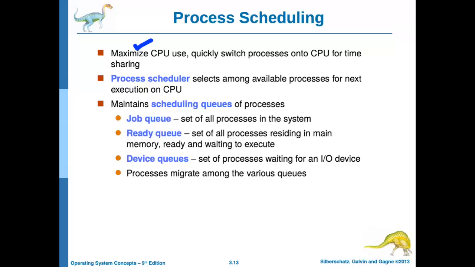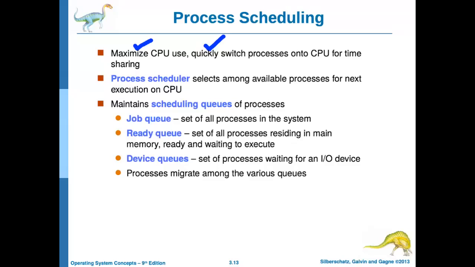And secondly, it should quickly switch a process onto the CPU for time sharing. Quickly. Now, maybe you will not understand this yet. Why quickly? Because there is something called a swap device. Let me tell you about that. What is the swap device?